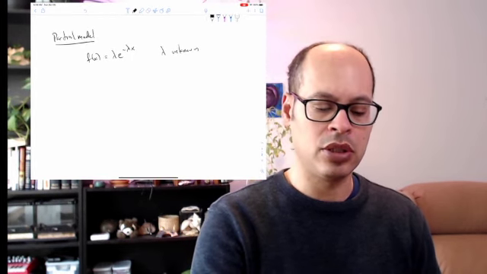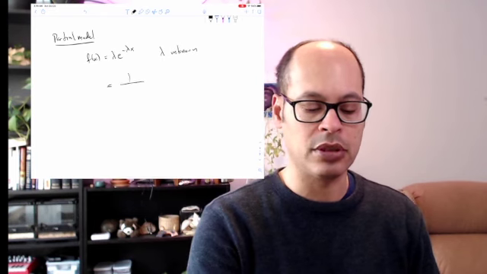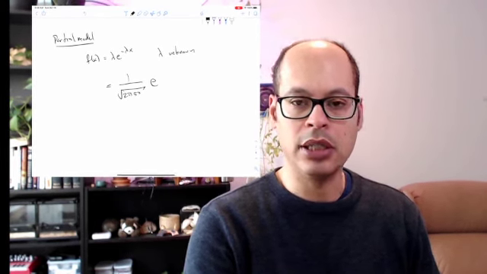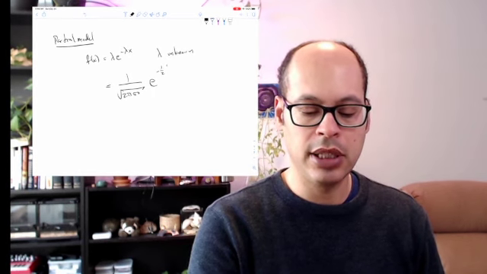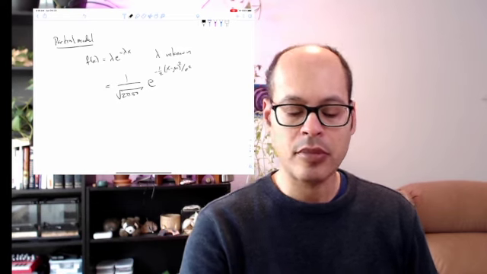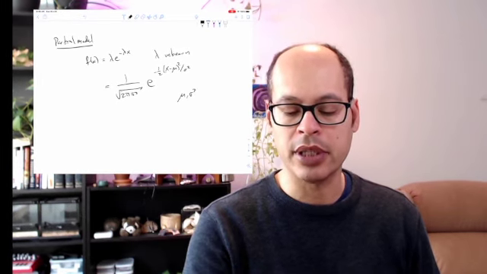Or maybe it's given by some normal distribution, 1 over the square root of 2 pi sigma squared, e to the minus half of (x minus mu) squared over sigma squared, but again, where mu and sigma squared are unknown.